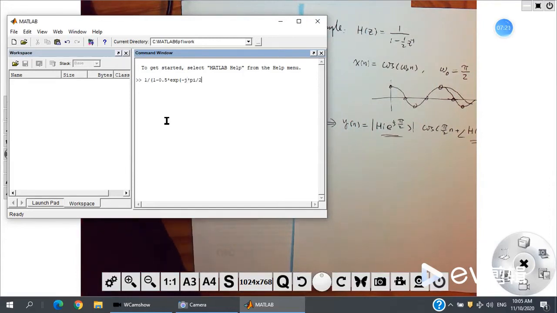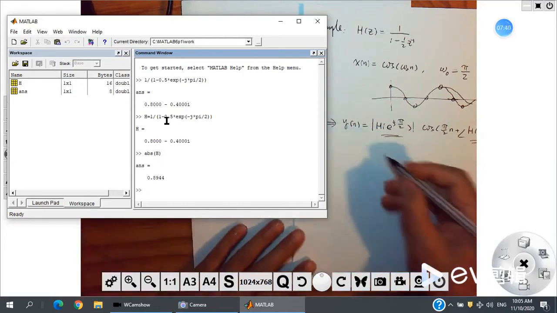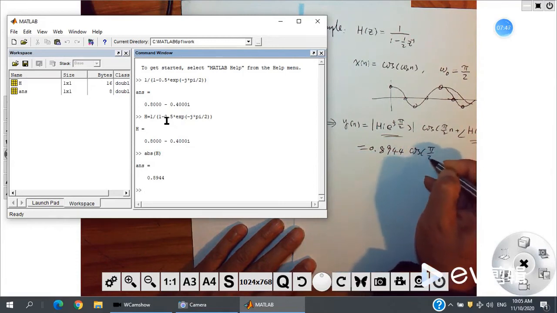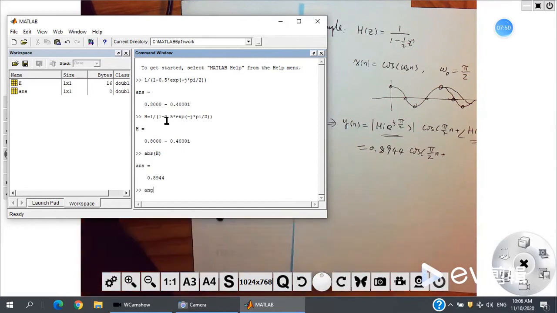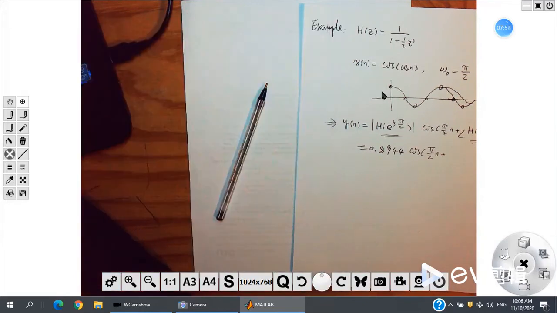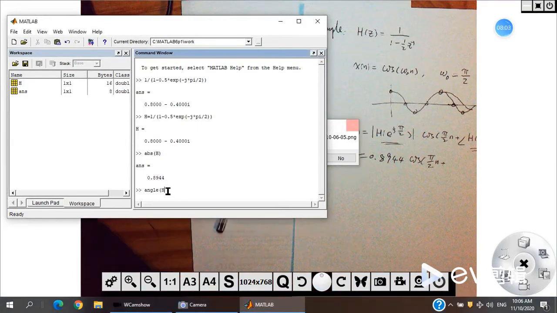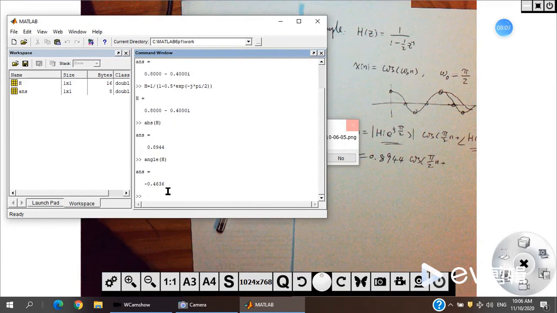Let's just say h equals this one. Then the absolute value of h, the magnitude of h, is 0.8944, so y of n is 0.8944 times cosine of pi over 2 n plus the angle of this h. The angle of this h is negative.